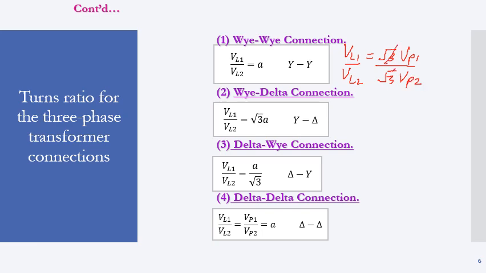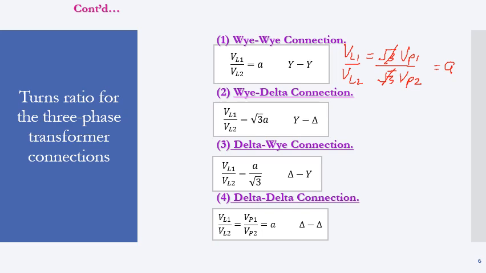So we can cancel out this root 3, then we get a. So for YY connection, the turn ratio is V phase 1 over V phase 2, or V line 1 over V line 2, equal to a.